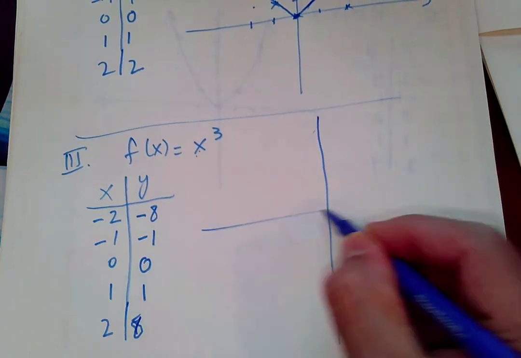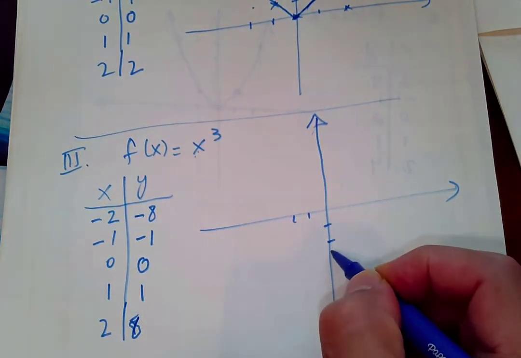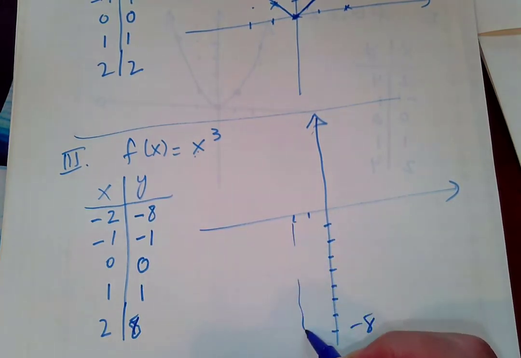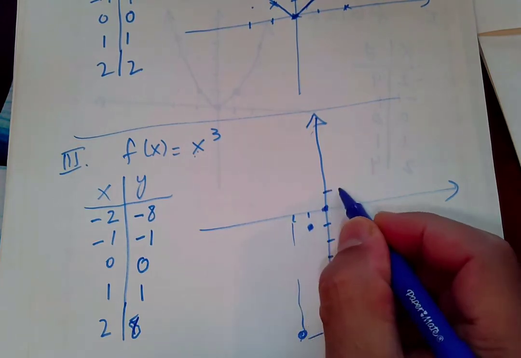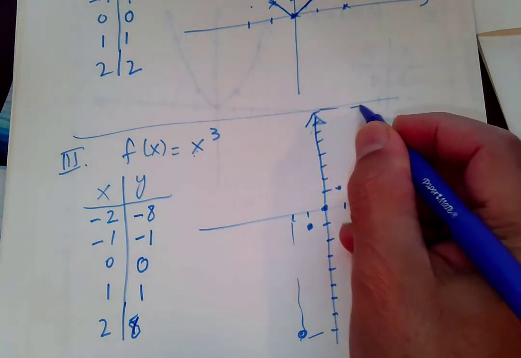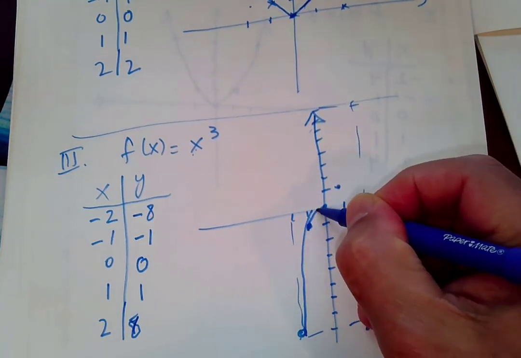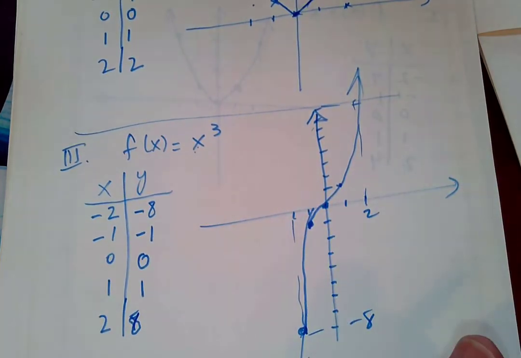If we plot these points: -2, -8; -1, -1; 0, 0; 1, 1; and then 2, 8. Roughly speaking, we're getting this graph, which is called the increasing graph. As you go from left to right, it's rising.